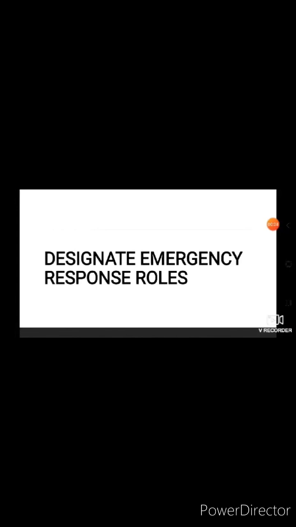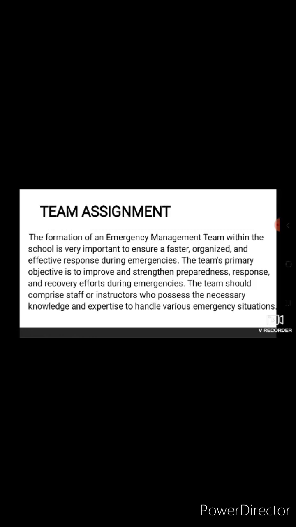So, good day everyone. Today I'm going to discuss the designated emergency response rules, and by the way, this is Reoma. So, team assignment. The formation of an emergency management team within the school is very important to ensure a faster, organized, and effective response during emergencies.